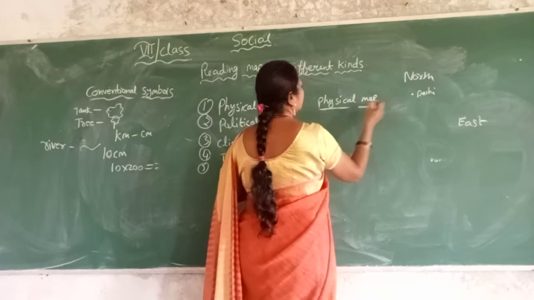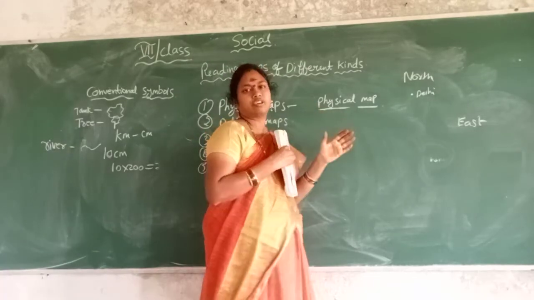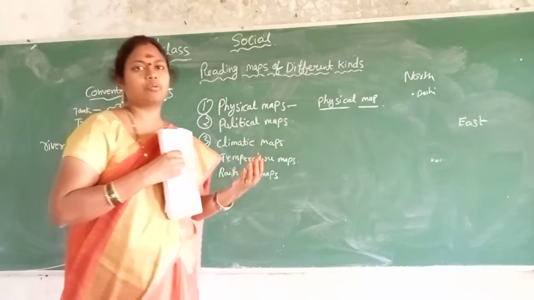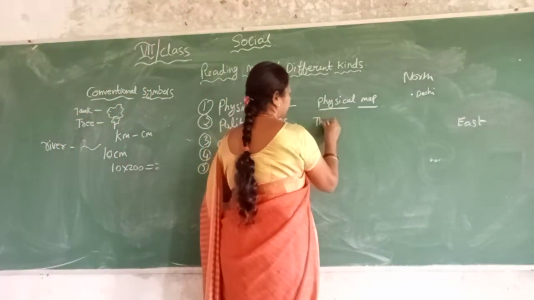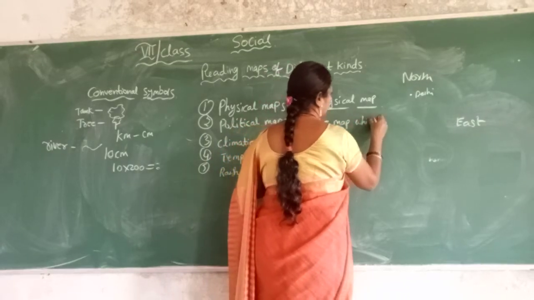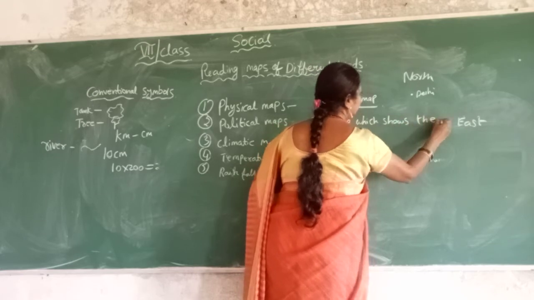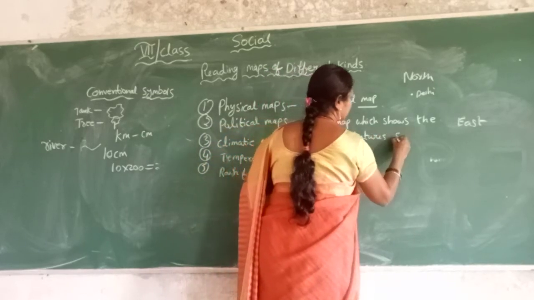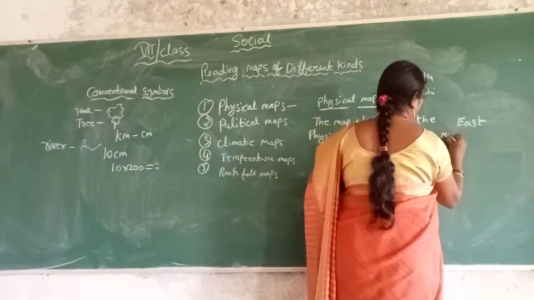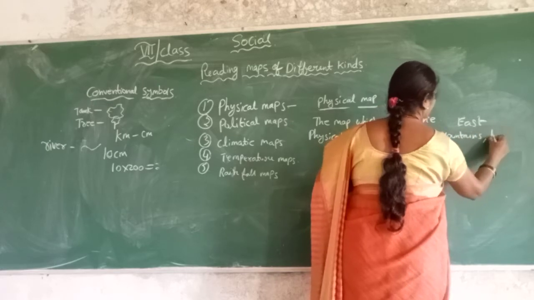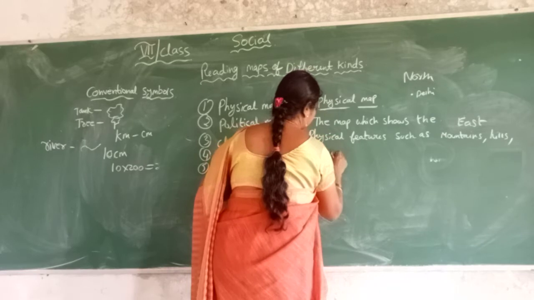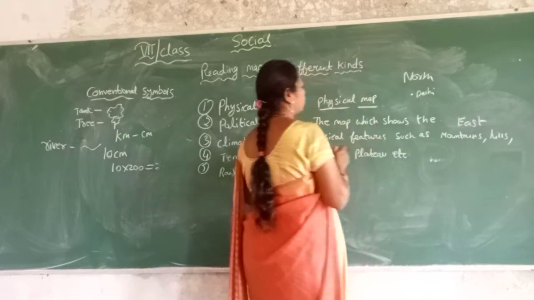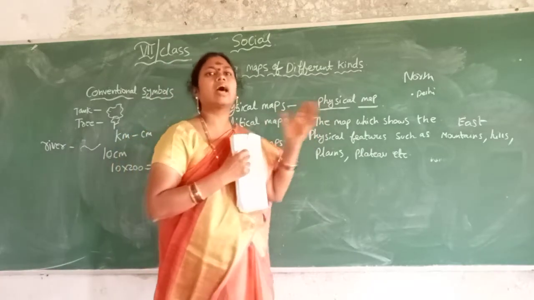A physical map is nothing but a map which shows the physical features, like mountains, hills, plains, plateaus, okay, etc. This is known as a physical map. This physical map can be shown with the help of different colors.